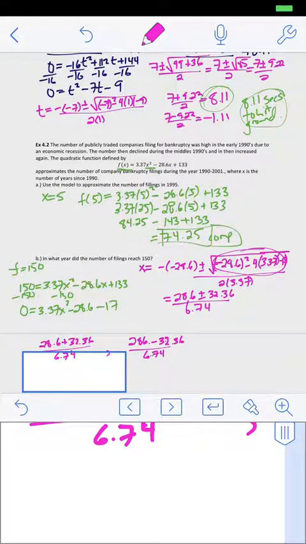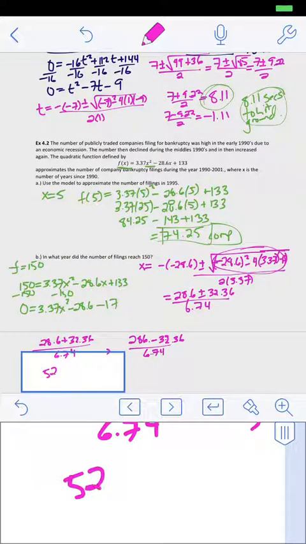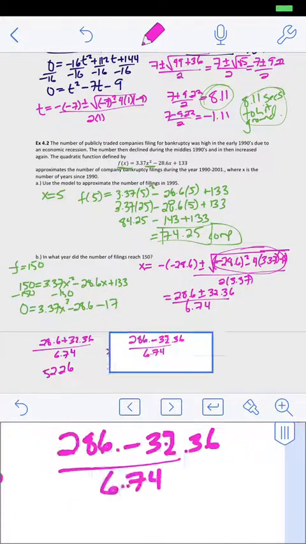Here this one ends up being 52.26. Hold on, something went wrong.